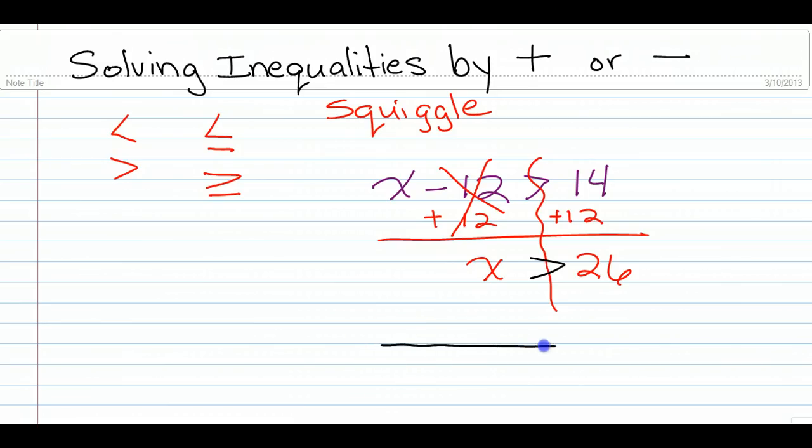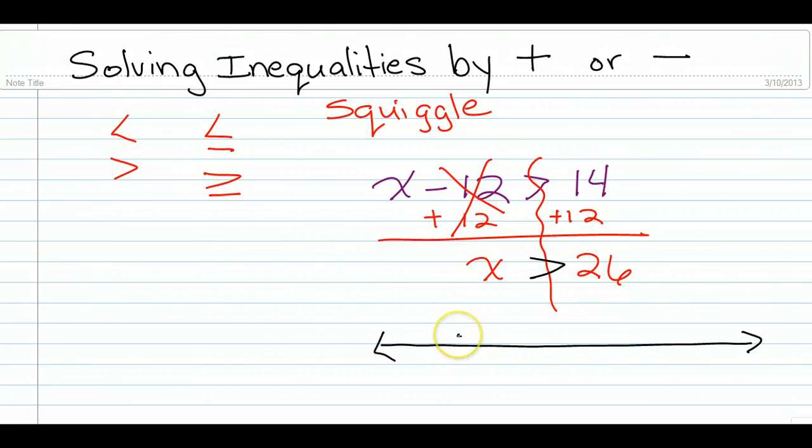Now what you're going to be asked to do after that is to graph it. And remember what I said, make the line work for you. We don't really want to start with 0 in the middle and then go 1, 2, 3, 4, because it's going to take too long to make a line for 26.